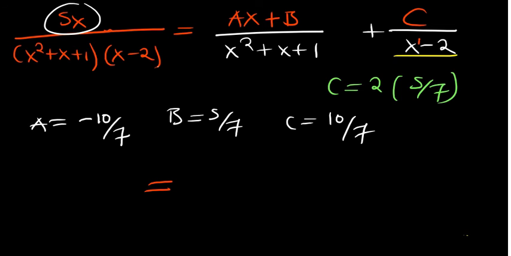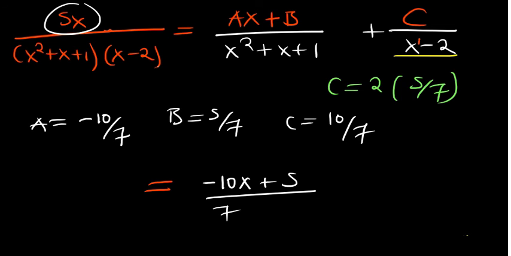Okay. So we can now substitute at this point what we have. So our a is negative 10 over 7 plus our b, which is 5 over 7. So since we have a common denominator there, of course this is having x, we can write it in the form of negative 10x plus our b, which is just 5, and then over 7, which we can take to the denominator.